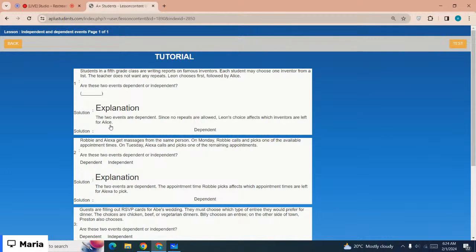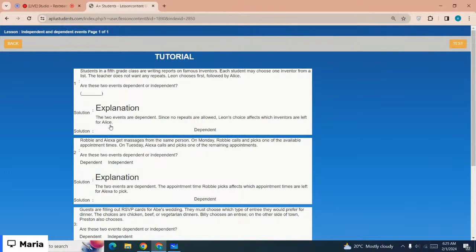Now look at this example where repeats are not allowed, right? So Leon chooses first. Now for Alice, you have one less choice because the inventor is already chosen by Leon. Alice has one less option. That means the outcomes of Alice are different from the outcomes of Leon.